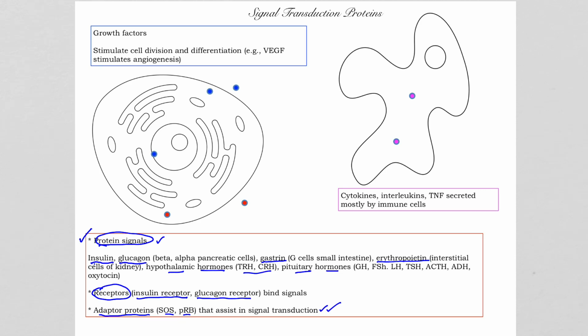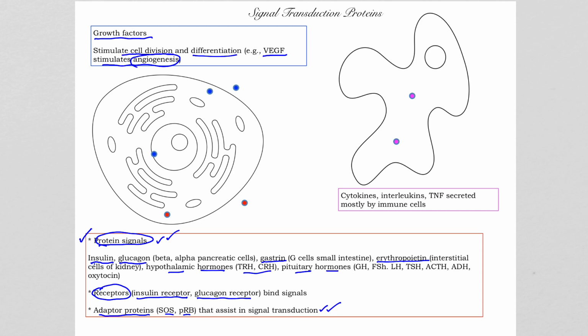The other important types of protein signals include growth factors. These are proteins that stimulate cell division as well as differentiation, cellular differentiation. For example, VEGF or vascular endothelial growth factor is a protein signal that stimulates the growth of blood vessels, angiogenesis, okay, the growth of blood vessels.